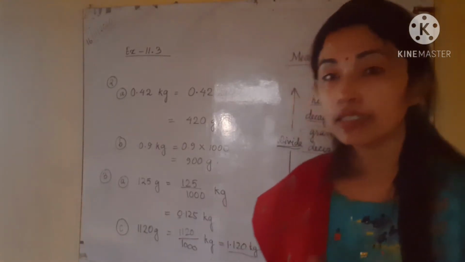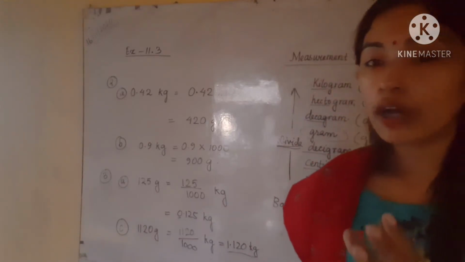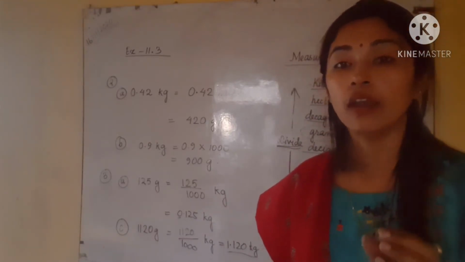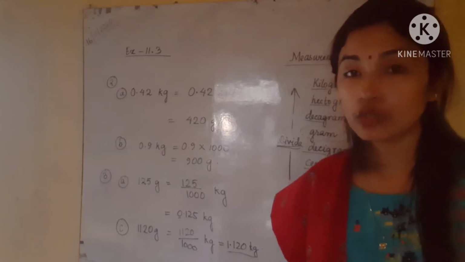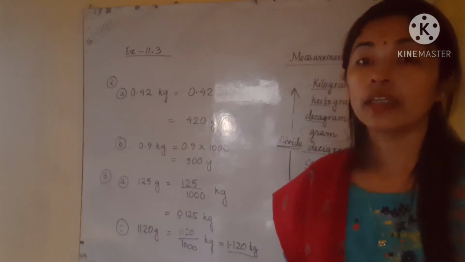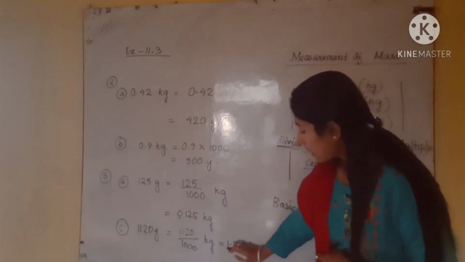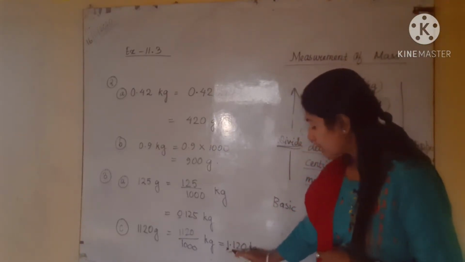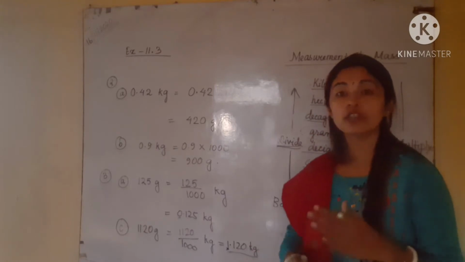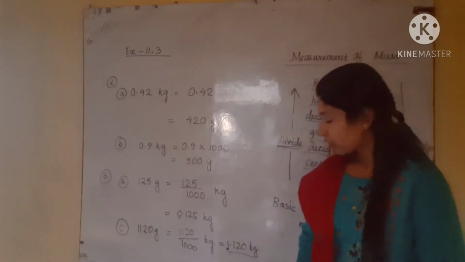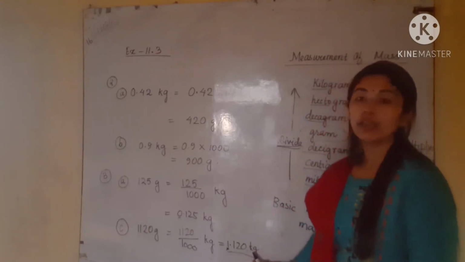See the decimal part here is 120 and the whole part is 1. That means the weight of the strawberries is more than 1 kg, because the whole part is 1 and the decimal part is 120. So 1 kg 120 gram.